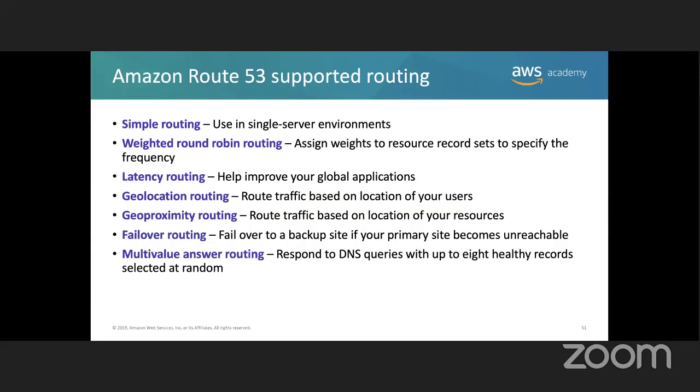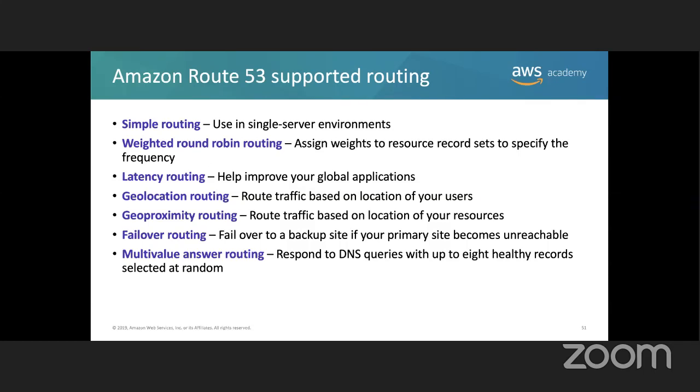So more on multi-value answer routing. When you want Route 53 to respond to DNS queries with up to 8 healthy records that are selected at random, you can configure Amazon Route 53 to return multiple values, such as IP addresses for your web servers, in response to DNS queries. You can specify multiple values for almost any record.